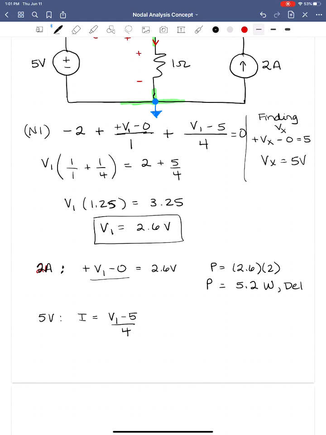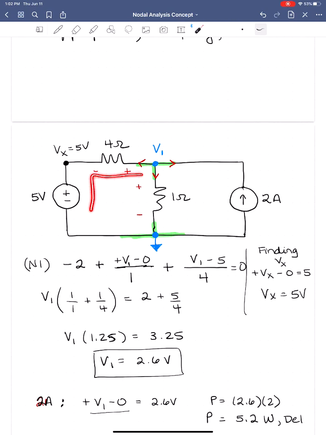All right, and so that current is equal to minus 0.6 amps.